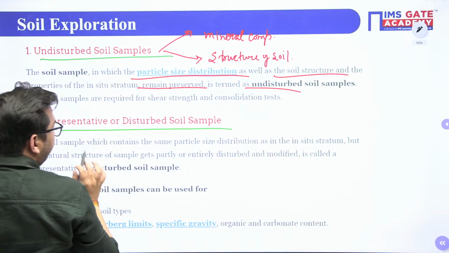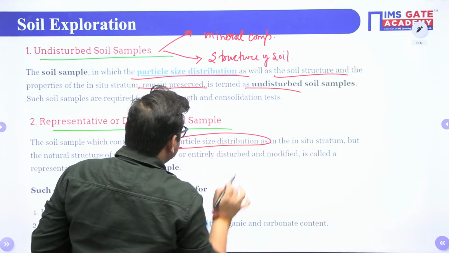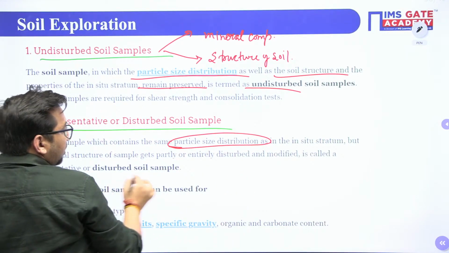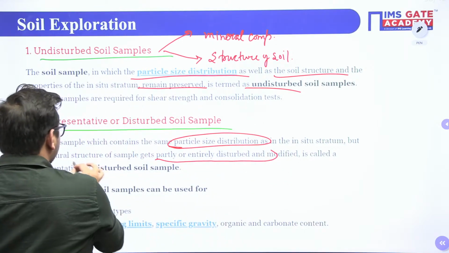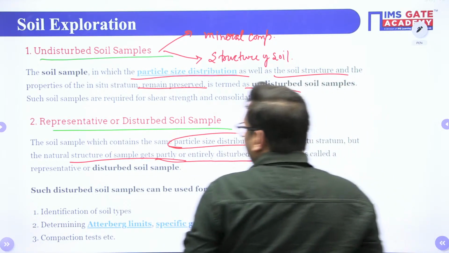Whereas if a sample has the same particle size distribution, but there is a slight or partial change in the structure, the sample gets partially disturbed.